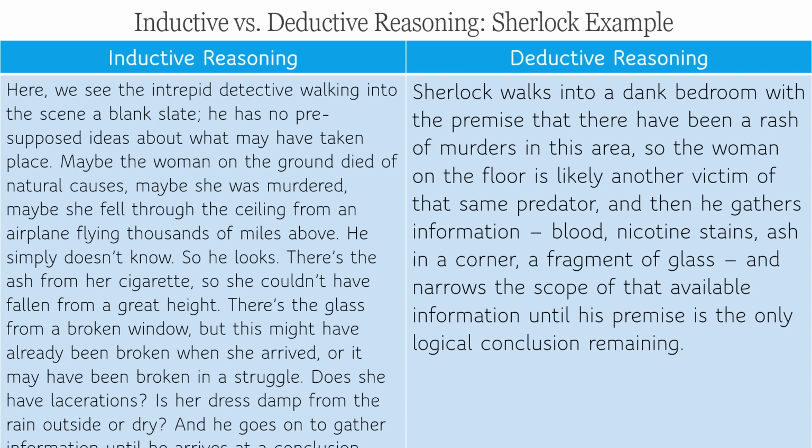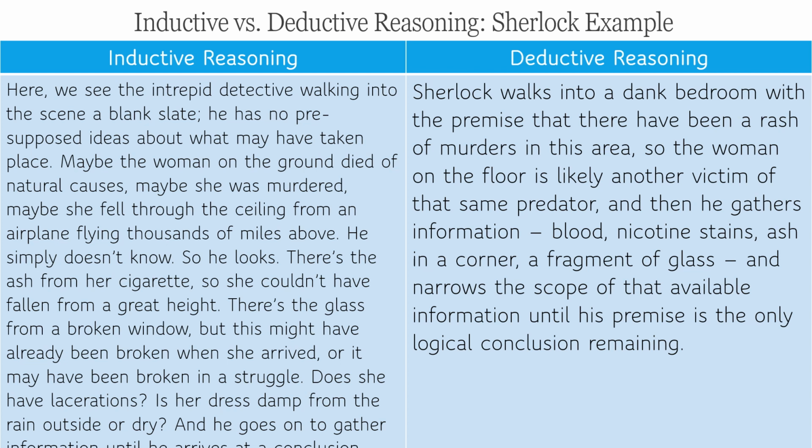Deductive reasoning is Sherlock walks into a dank bedroom with the premise that there have been a rash of murders in this area, so the woman on the floor is likely another victim of that same predator, and he gathers information from there. Blood, nicotine stains, ash in a corner, a fragment of glass, and he narrows the scope of that available information until his premise is the only logical conclusion remaining.